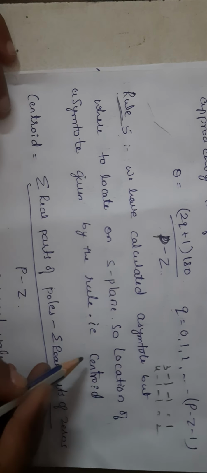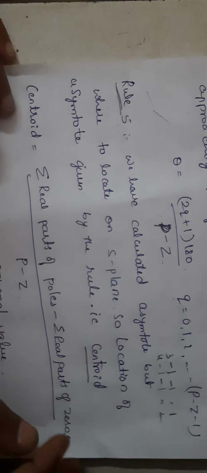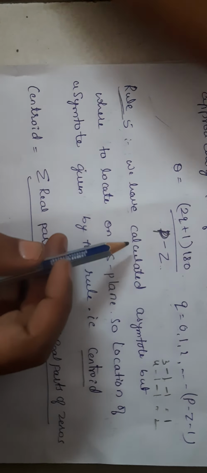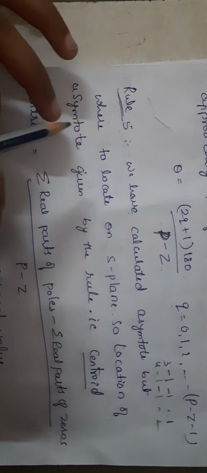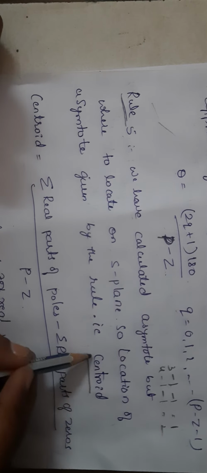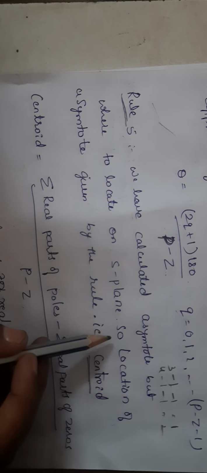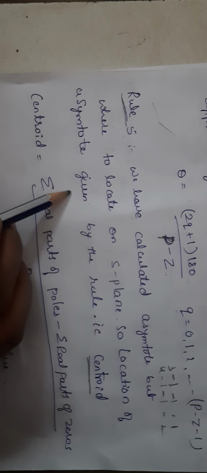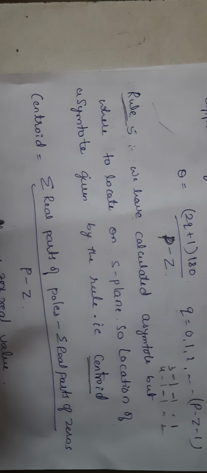That point is the centroid. We calculated the asymptotes in the previous rule, and now they have to be placed in the S plane. So the centroid tells the location of the asymptotes in the given S plane.